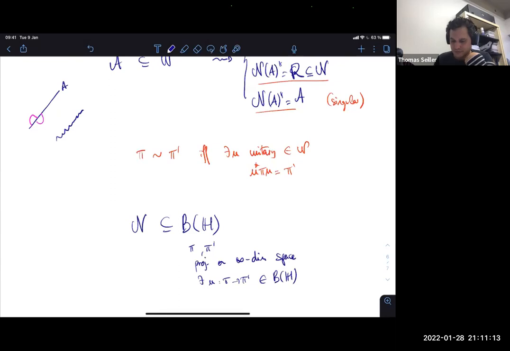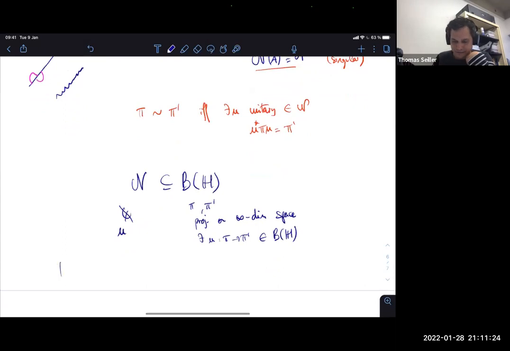But this U doesn't live in N. So the projections are no longer equivalent in N. And so finite Von Neumann algebras are such that there doesn't exist pi prime strictly smaller than pi with pi prime equivalent to pi. So there's a total order on the projections.